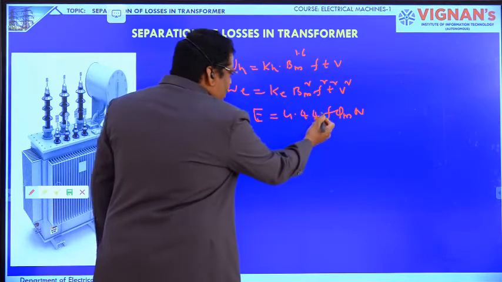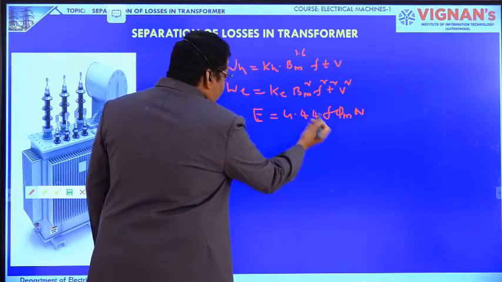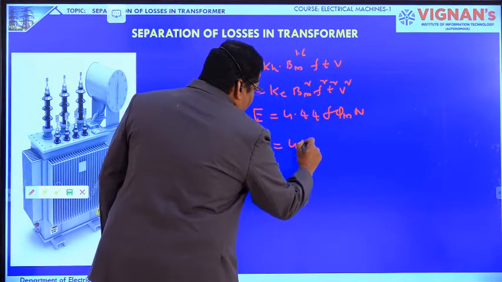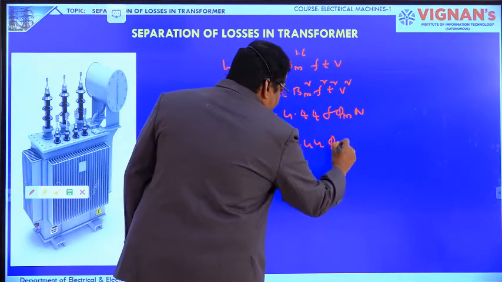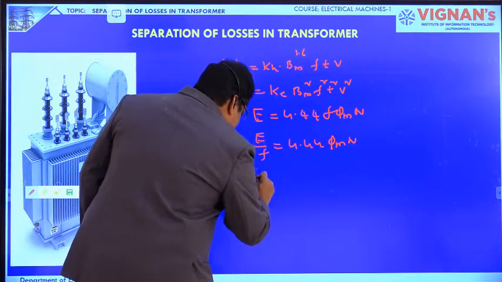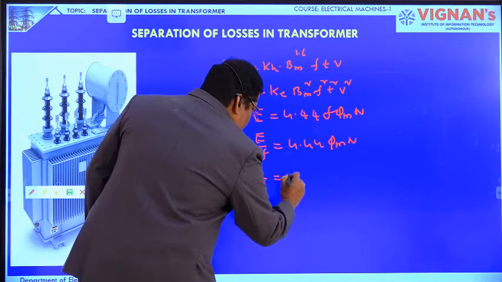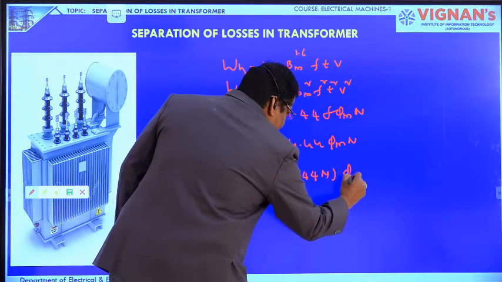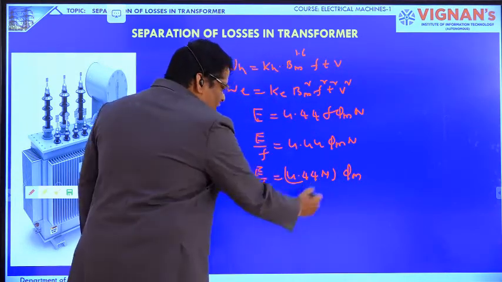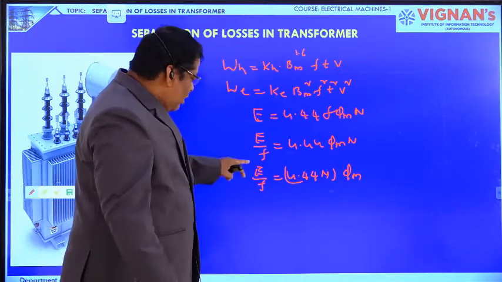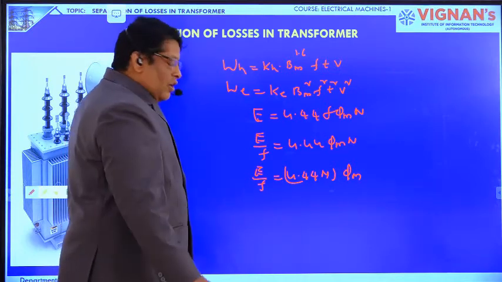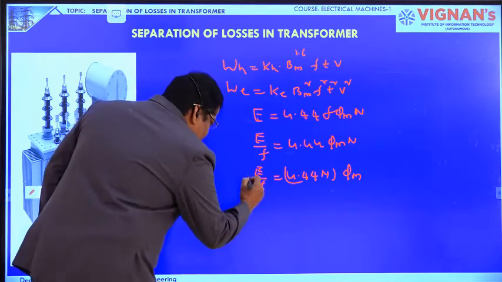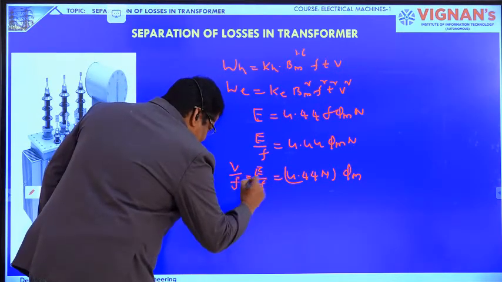If we take F to this side, E by F is equal to 4.44 N phi m. If we neglect the voltage drop in the winding, this E becomes V, nothing but V by F.